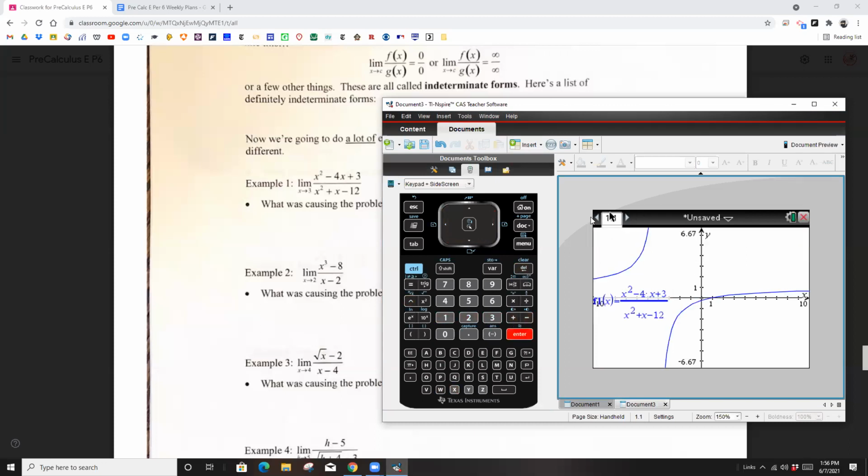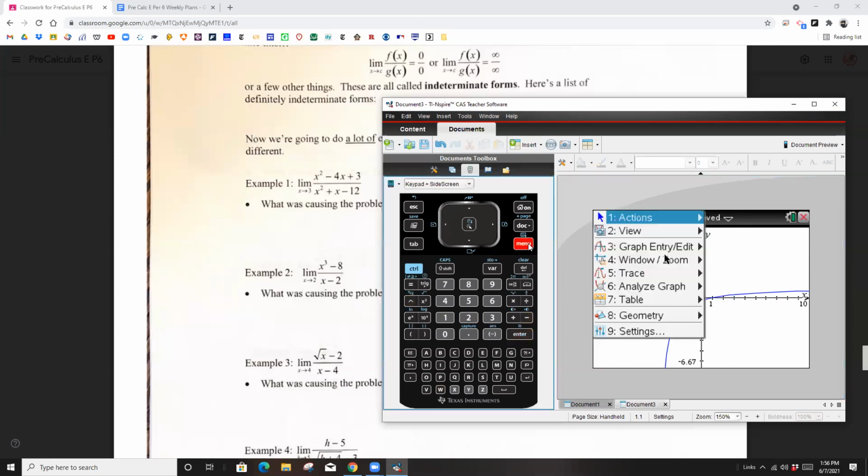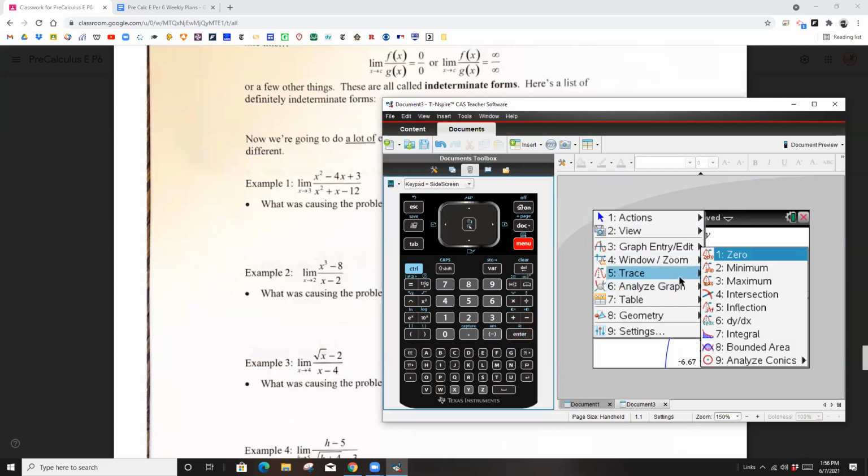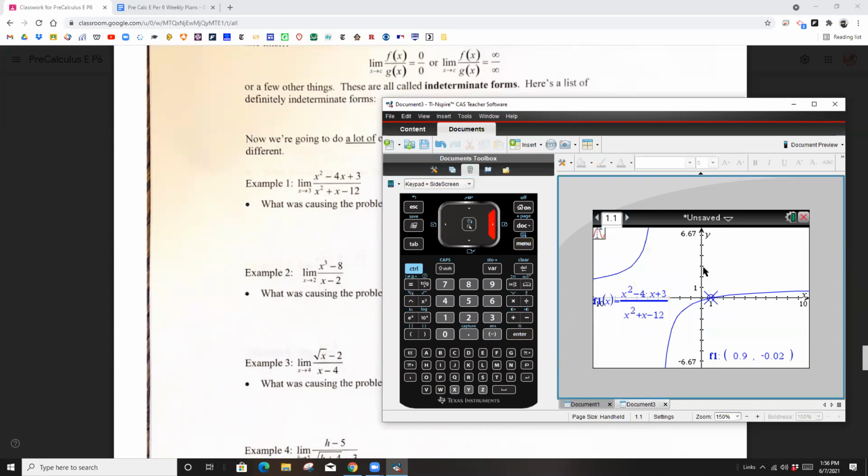If we look at 3, it looks pretty continuous at 3. So we'll trace it and see what's going on here. As you get closer to 3, it seems to be getting closer to somewhere between 0.25 and 0.3, so somewhere around a third. That's what the limit seems to equal, but f of 3 is undefined.